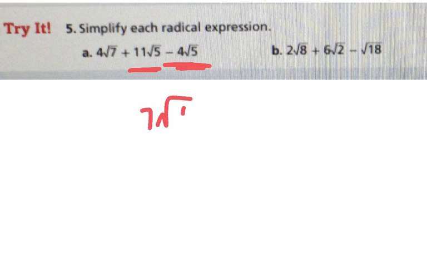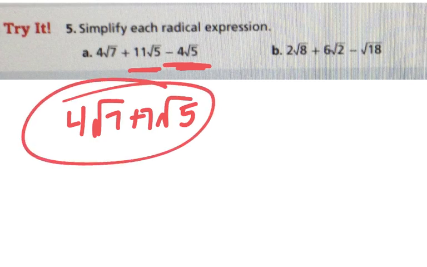Okay, and then is there anything like 4 radical 7? No, so it stays the same. So I get 4 radical 7 plus 7 radical 5. Final answer. Those two don't combine, and that's it. You're done.